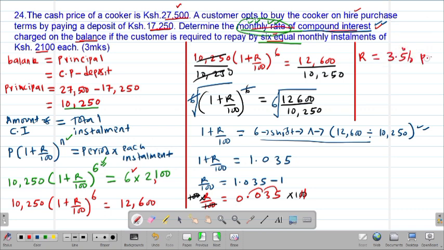Of course this is per month, because we were told to determine the monthly rate of compound interest. Therefore the rate was equal to 3.5% per month. So this was the rate of the compound interest.